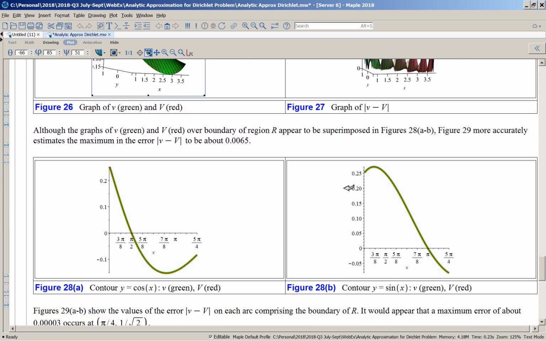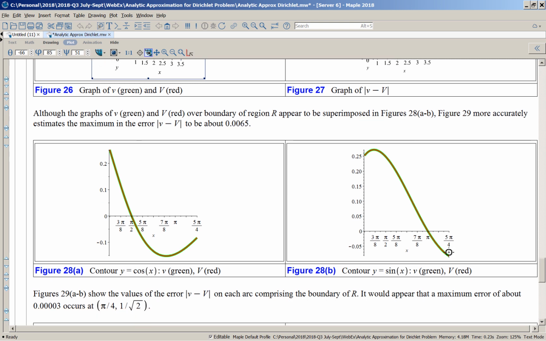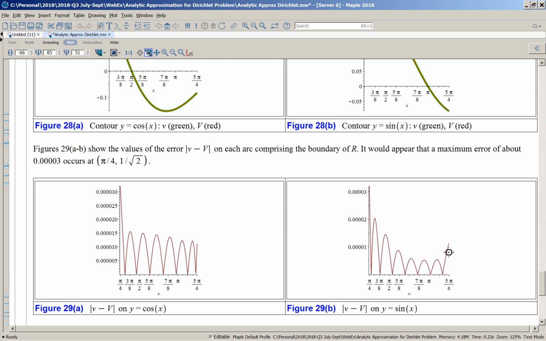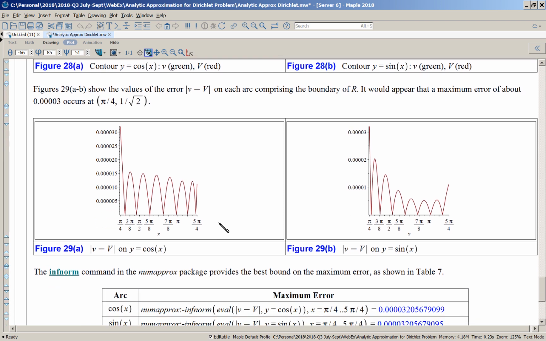If you look on the boundary, simply on each arc on the boundary, you can't see any difference between them. If you look at the absolute value of the difference on each arc, so that you get a sense of the magnitude of the error, you've got 4 zeros here, 4 zeros here, very, very small error.